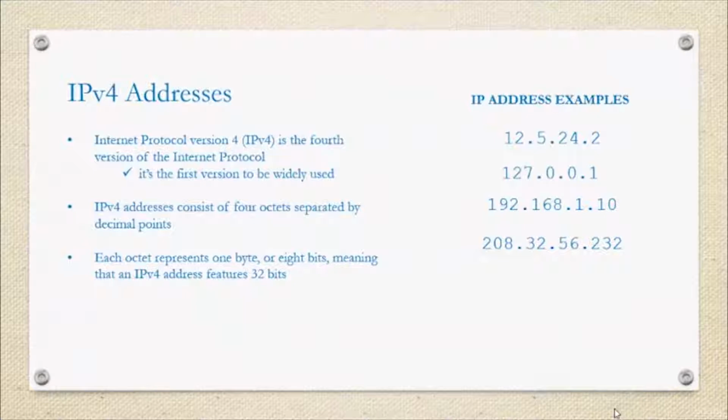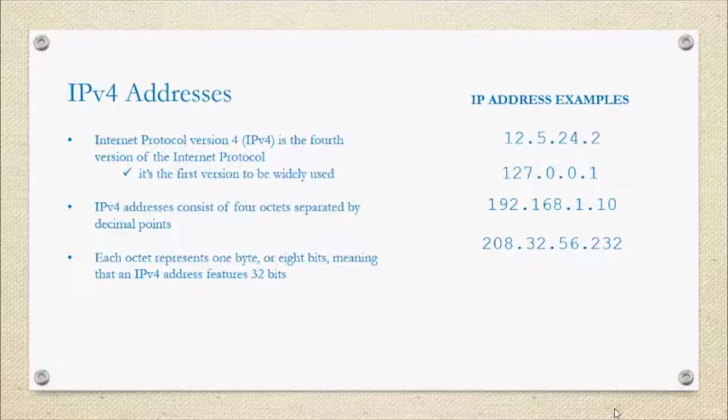Alright, so let's talk a little bit more about IPv4. Now, this is the fourth version, and that's why it says v4. But it's the first version of the IP protocol that is widely used. IP addresses, I'm sure you noticed, consist of 4 octets. So we have 1, 2, 3, 4.